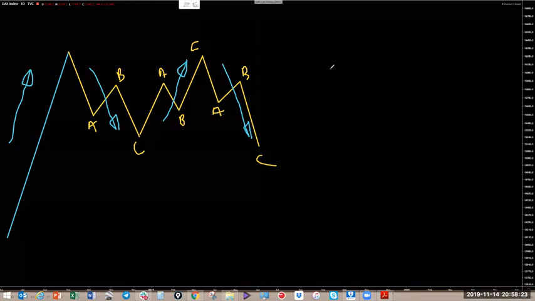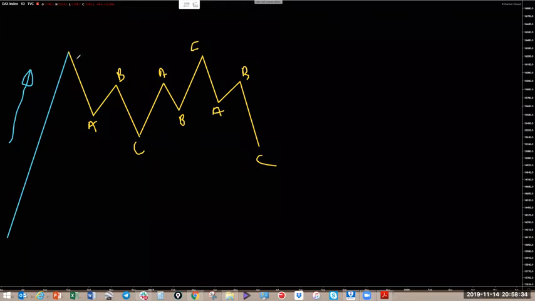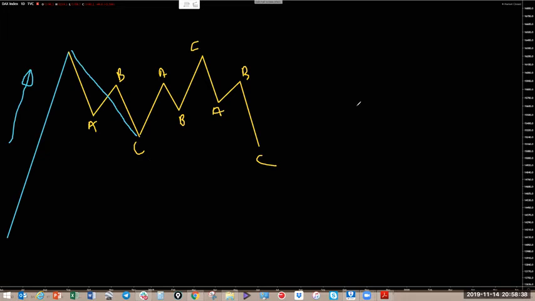This is how we handle it. Now what you are seeing here is 2 corrections combined with another one. So you have the first correction that is an ABC, it is a zigzag. You've learned about the zigzag so far. So this first correction will be represented by a zigzag.